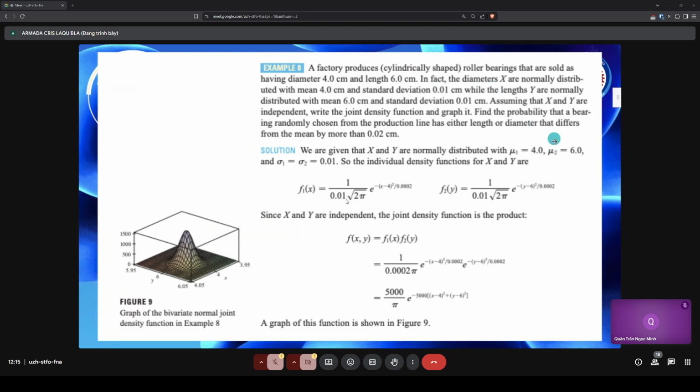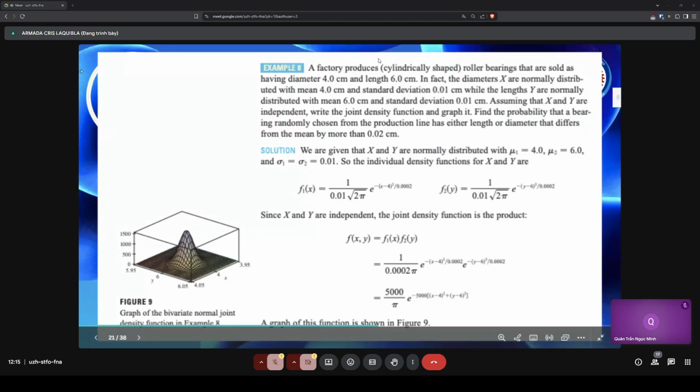Now, the lengths y are normally distributed with a mean 6.0, that is your mu2, and standard deviation of 0.01, that is your sigma 2. Assuming that x and y are independent, write the joint density function and graph it. Find the probability that a bearing randomly chosen from the product line has either length or diameter that differs from the mean by more than 0.2 centimeters.